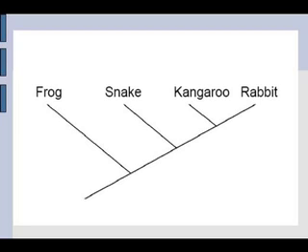So now, let's think. What characteristic or characteristics do all these organisms share? Well, I can think of 2 things. All these organisms are air-breathing, and they all have the ability to live on land. So let's place these characteristics on our branching diagram.